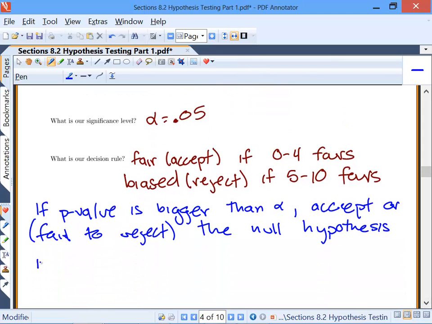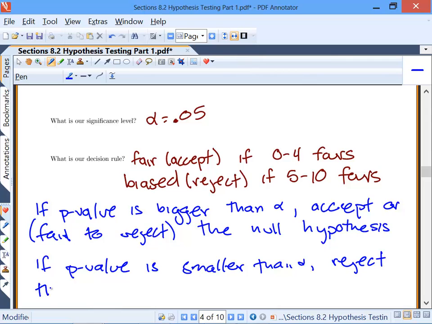Which means then that if my p-value is smaller than alpha, we will reject the null hypothesis. So any questions on this page on our p-values?